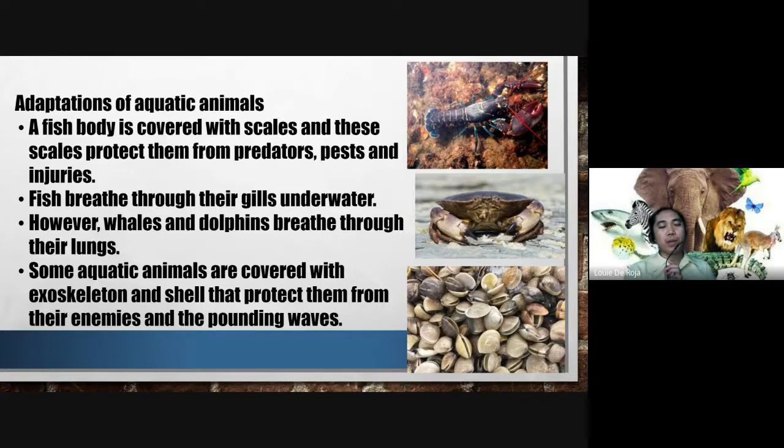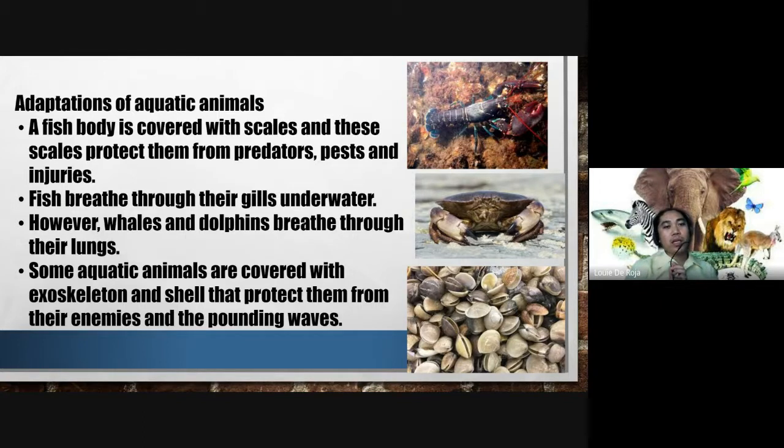Ito na pagkakaiba ng whales and dolphins. Dahil may lungs sila, may times nila kung mapapansin nyo, kung makakapanood kayo ng mga video sa YouTube, tumatalon sila. Ayun yung time na kumukuha sila ng oxygen. Then, pabalik ulit sa water. Diba?